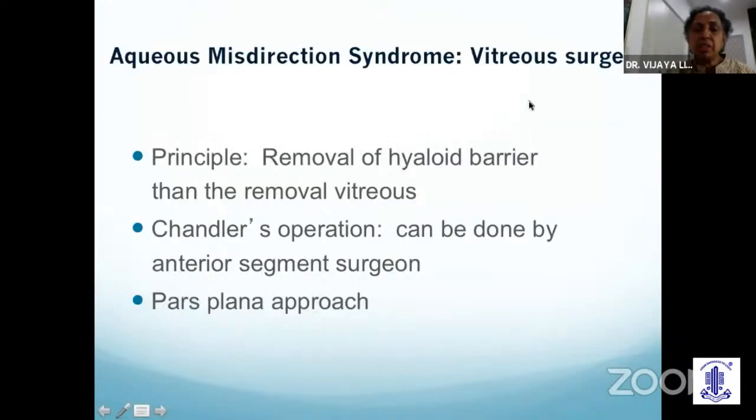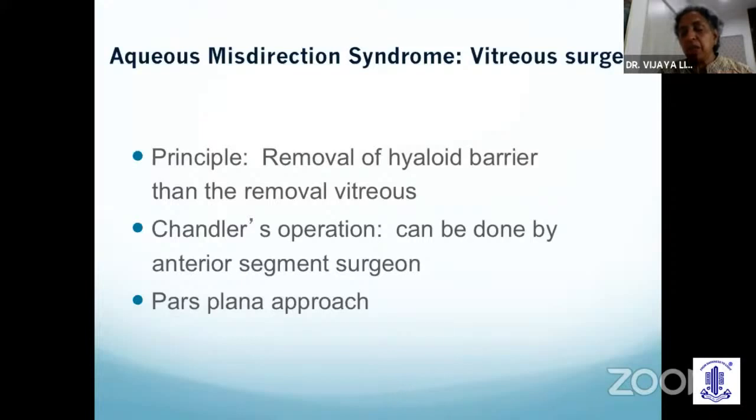Coming to the vitreous surgery, the principle here is removal of the hyaloid barrier, then removal of the vitreous. You should make sure that you remove the anterior hyaloid phase. That is, you have to break the anterior hyaloid phase and also establish a communication between the posterior chamber and the anterior chamber.